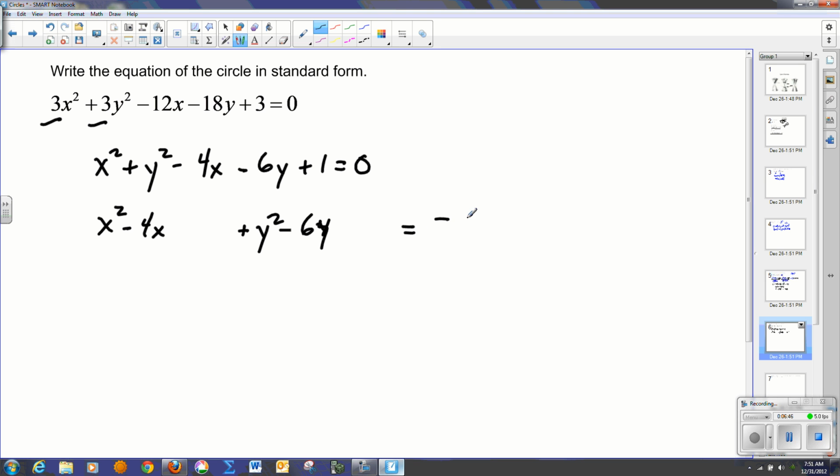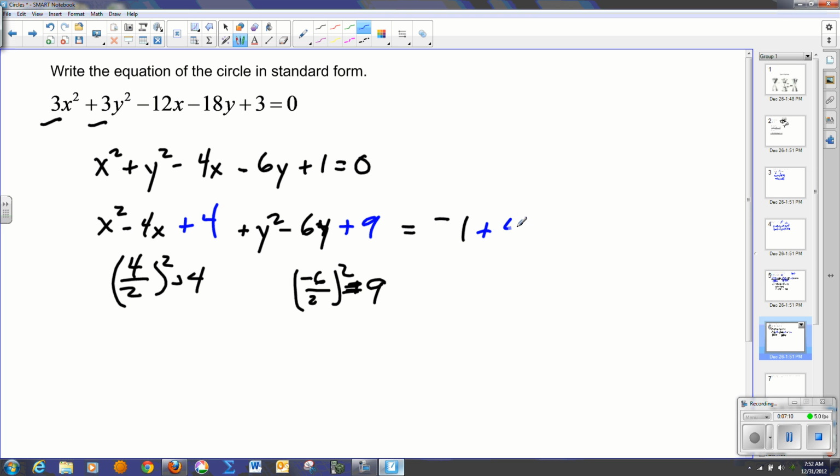Isolate that constant term on the other side, take half the middle terms, square them on both. Whoops. It's going to equal 9. Add those new values to the problem.